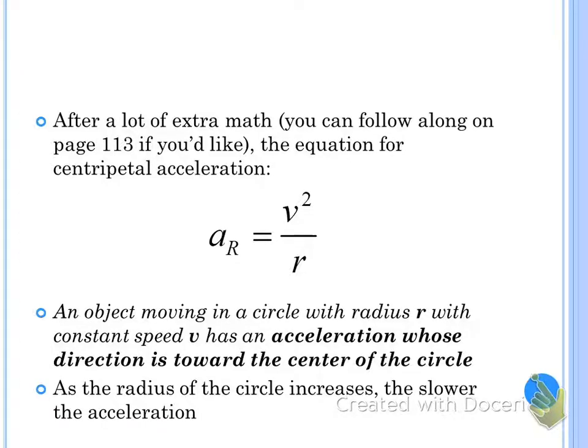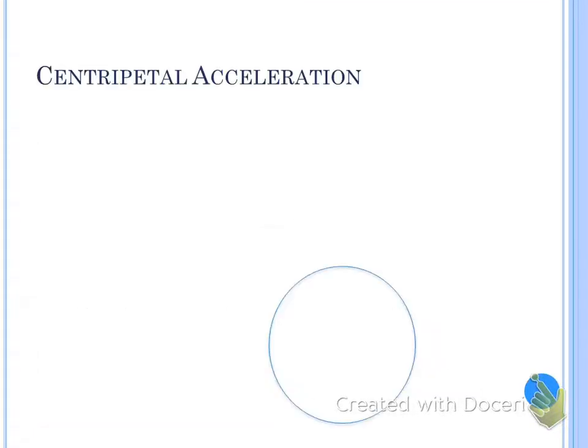As my radius increases, I'm covering less and less distance of that circle per second. So as my radius decreases, I'm covering a big chunk of the circle in 1 second. But as my circle gets bigger and bigger, I'm covering a much smaller chunk of that circle per second, which is what my radial or centripetal acceleration is. Okay, what chunk of the circle am I covering in that time?